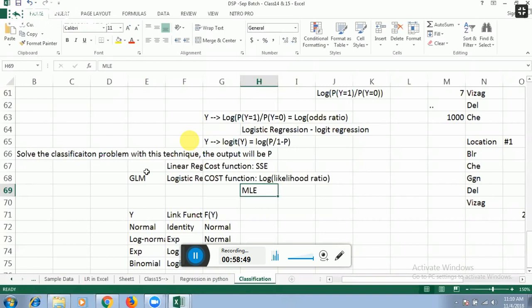But how to convert into an optimization problem? The only thing you need to know is the cost function. Once you know the cost function, it's just a matter of solving the cost function. That is what we call solving the optimization problem. Does this make sense? Any questions online, guys?